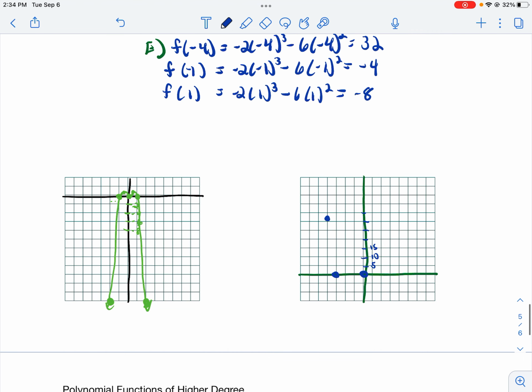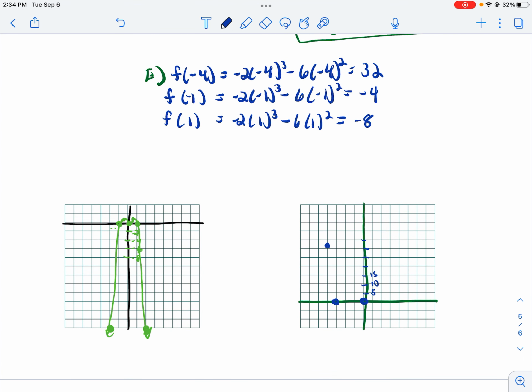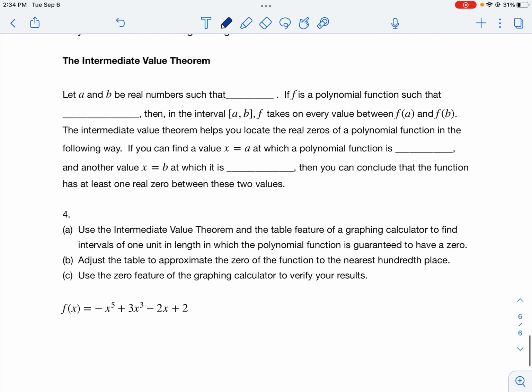Now in between the two, at negative 1, I'm down to negative 4, so since I'm counting by 5, that's about right there. And at 1, I'm down to negative 8, which is about here. So now crossing this x-intercept, touching this x-intercept, end behavior down, end behavior up. There you go. That's all I need for sketching the graphs.